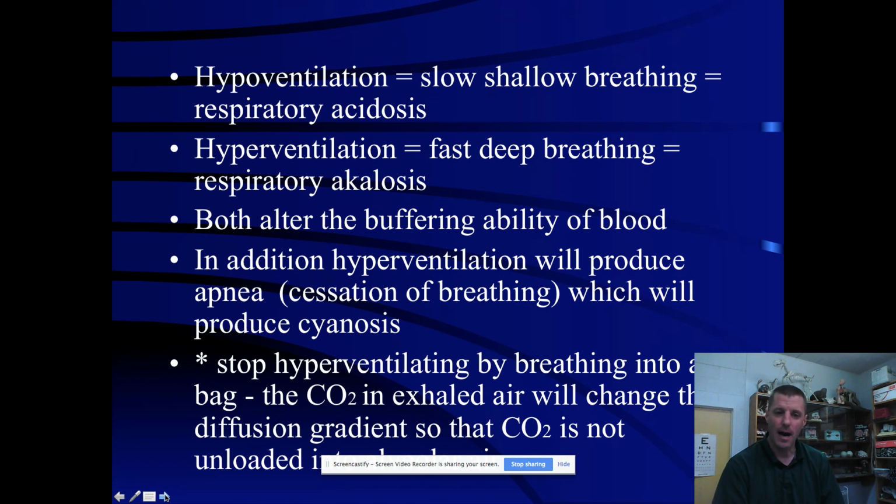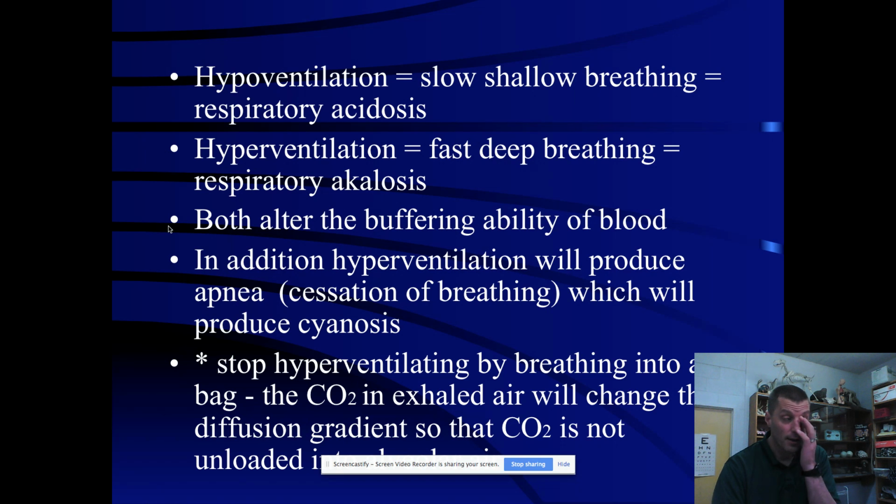Maybe you've heard of somebody hyperventilating, but that's fast, deep breathing, and that can cause high acidity. In this case, there's no opportunity to build up the carbon dioxide in the blood, and we'll talk about that down at the bottom bullet there. But both alter the buffering ability of blood.